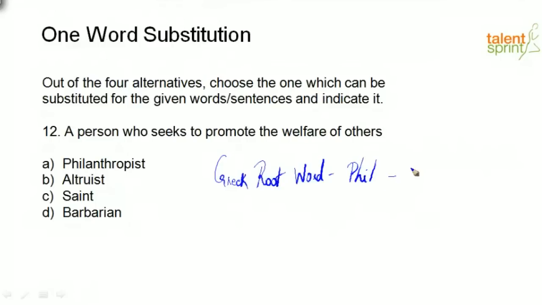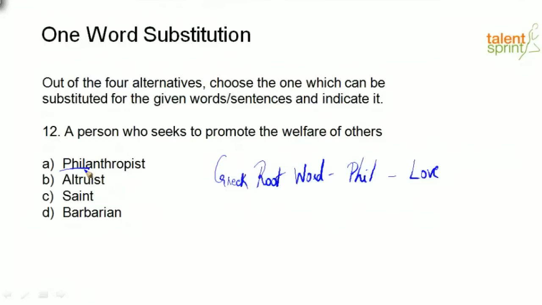Which means love. And I have that root here, right, as a prefix in option A. So what I'm trying to say is, obviously when you have love towards another person, you care for their welfare, right? You want good things to happen for that person, right? So this is one way in which you can connect.